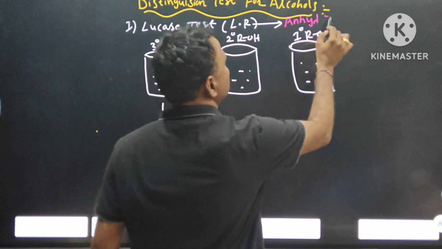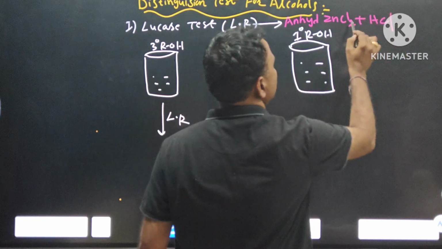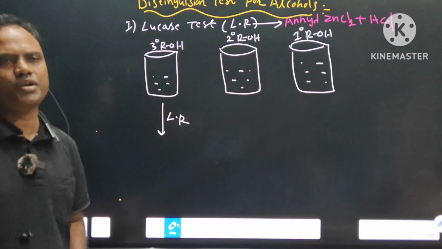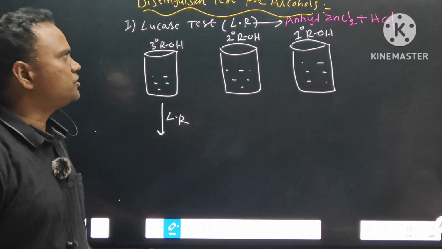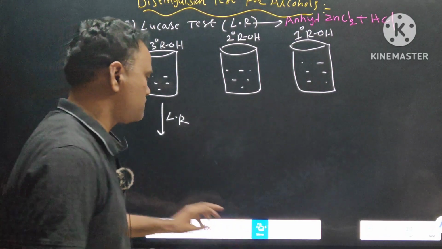Anhydrous ZnCl2 plus HCl is called Lucas reagent. It is used to distinguish primary, secondary, tertiary alcohols.